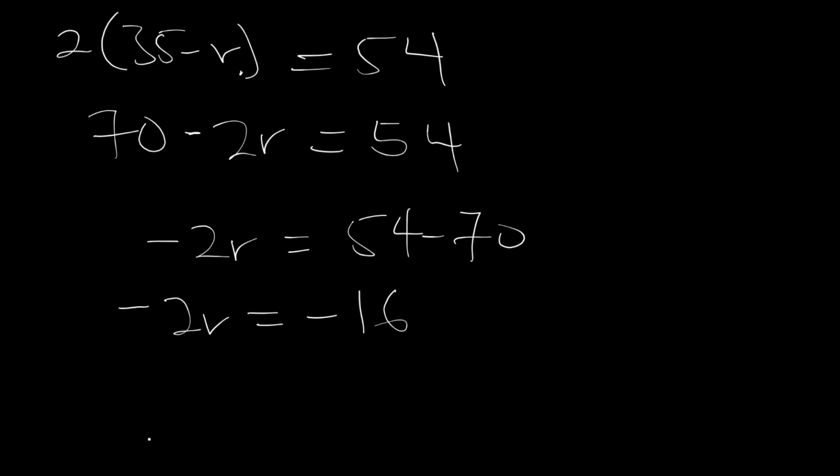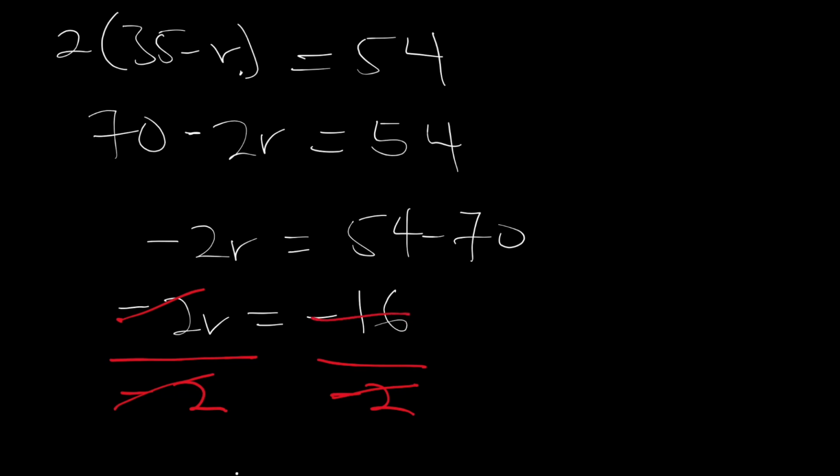Now to make R the subject, we divide both sides by minus 2. Now minus 2 cancels minus 2, we'll be left with R. And then minus 2 into minus 16, we have 8.